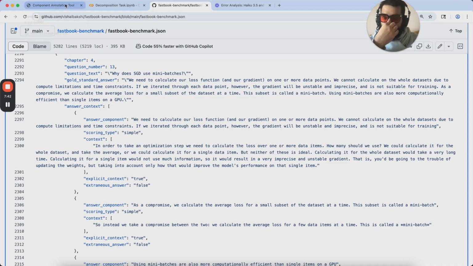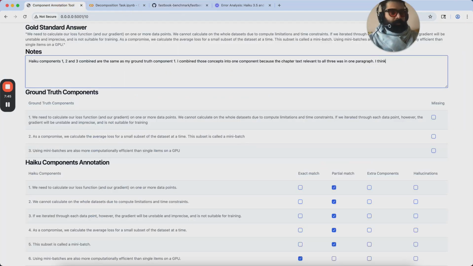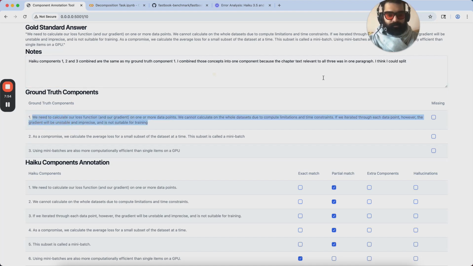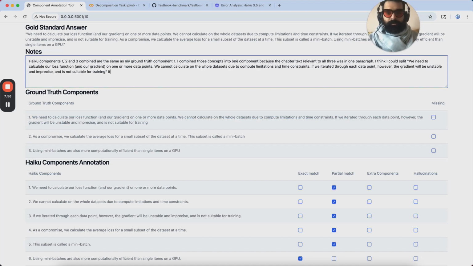So I'll make a note that I think I could split this into the 3 parts that Haiku has generated, as each part has 1 or more sentences in the text relevant to it.